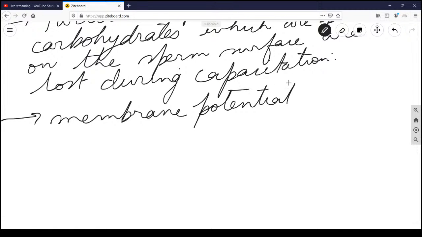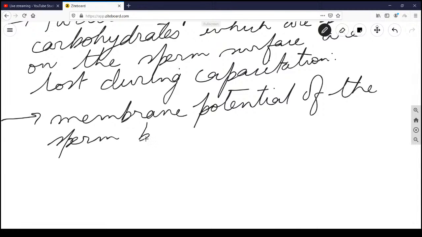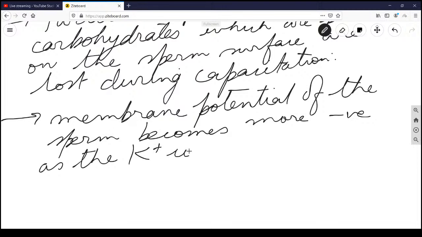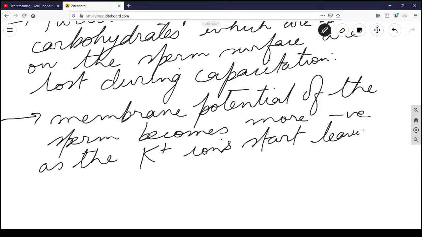Why do potassium ions leave? We have more potassium concentration intracellularly than extracellularly, so it can leave via its own concentration gradient, right?